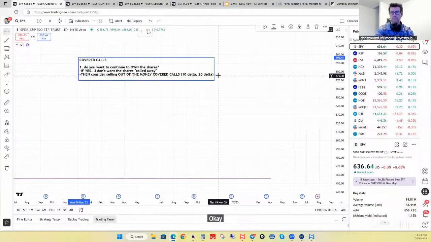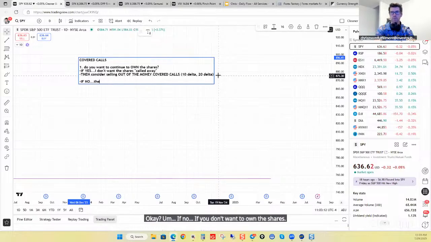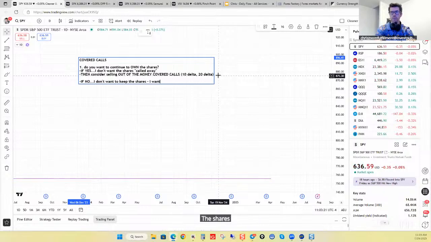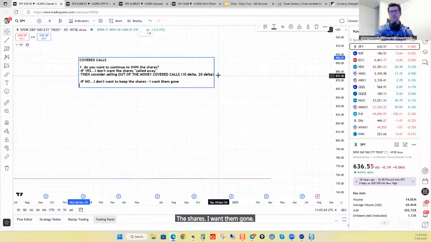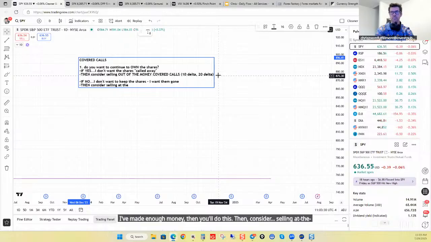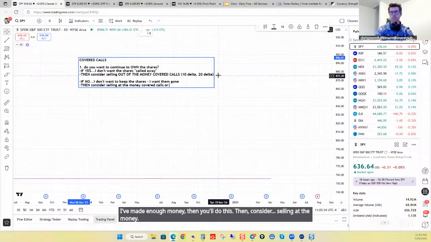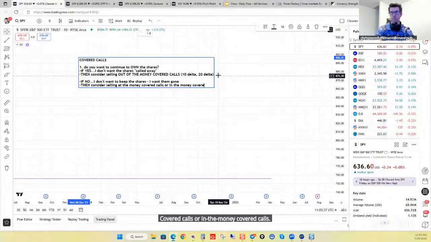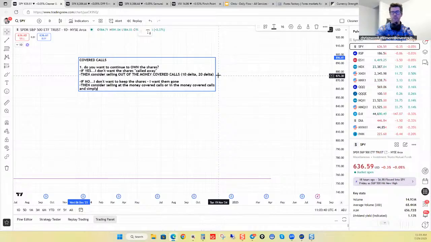If no, if you don't want to own the shares, meaning I don't want to keep the shares, I want them gone, I've made enough money, then consider selling at the money covered calls or in the money covered calls and simply lower your costs, collect the premium, and let the shares be called away.